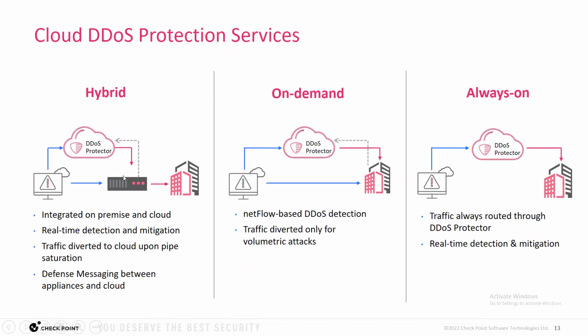You have a hybrid scenario, where if the device gets saturated, it can divert additional traffic onto the cloud service, and they message between each other. Here's the typical cloud one that's on demand, and here's the always on.